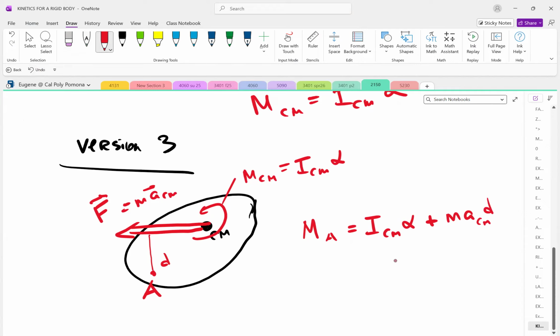It's plus if counterclockwise, minus if clockwise. So that's version 3. The translation equations are the same.